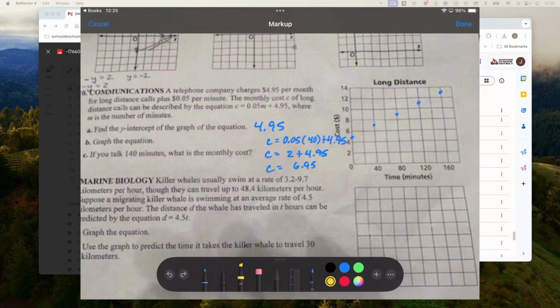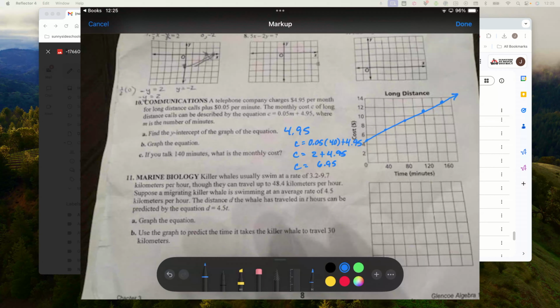But again, I recognized that the pattern was that it was going to increase by 2 for every 40 minutes, and so I just went up by 2 with every 40 minutes that I added to save myself a little bit of time. But again, you could use the equation repeatedly with each of those values to get those points.